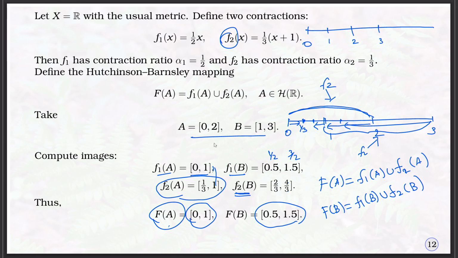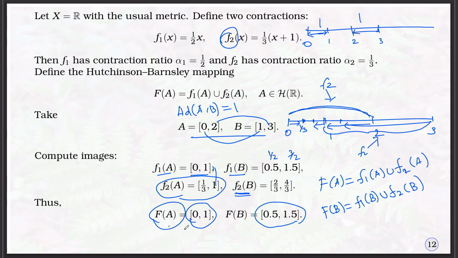To find the Hausdorff distance between these two sets A and B, find the difference between these two numbers and the difference between these two numbers and take the maximum. That means lower element to lower element, and upper element to upper element. Both are equal to 1. So, the Hausdorff distance between A and B is 1.